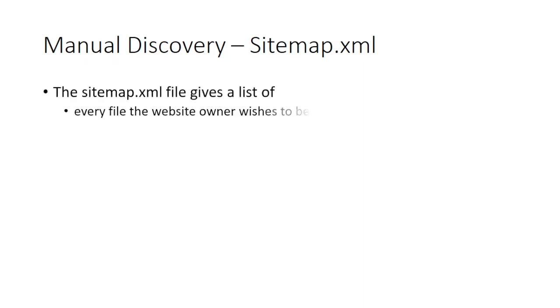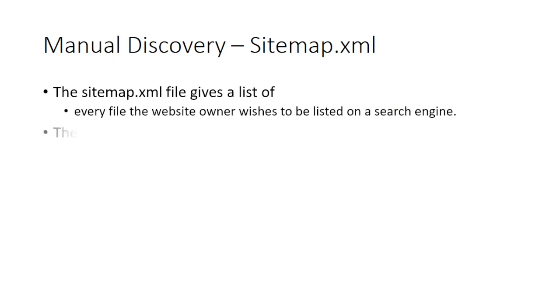So another place we would look at is sitemap.xml. This file gives a list of every file the website owner wishes to be listed on a search engine.